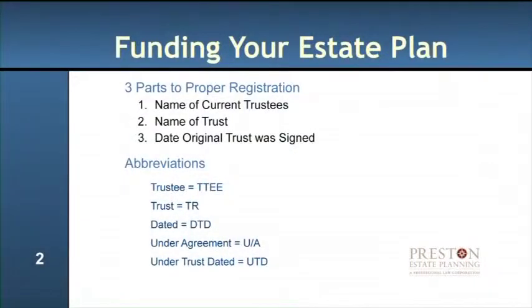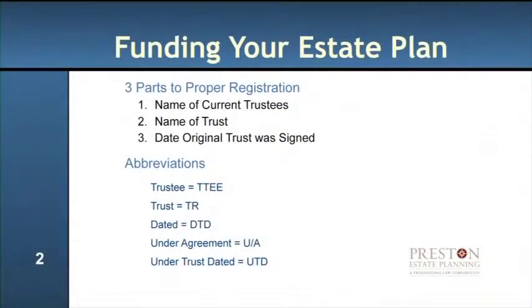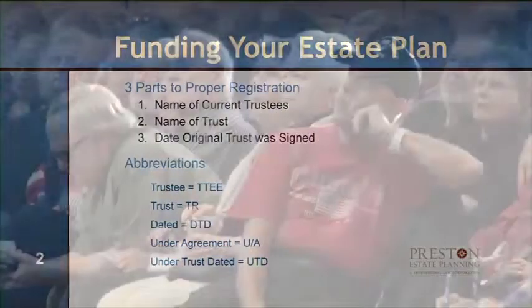So that's the first thing. The second thing they want to know is, what is the name of the trust? If your last name happens to be Smith, your trust would be the Smith Trust. So now the question is, how do we distinguish between my Smith Trust and somebody else's Smith Trust? That's the third thing that you put on the registration item, and that is the date. The trustee, name of the trust, and then the date.